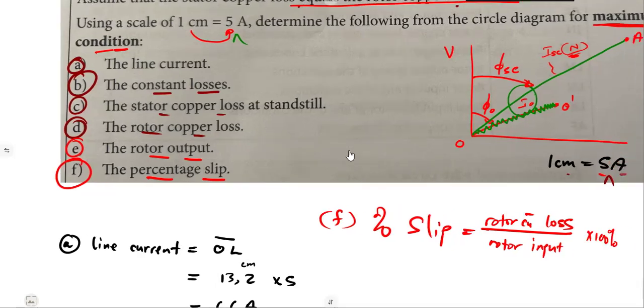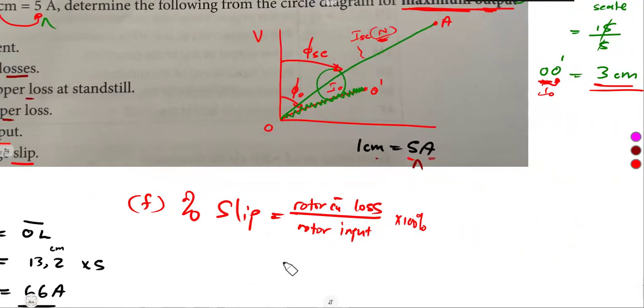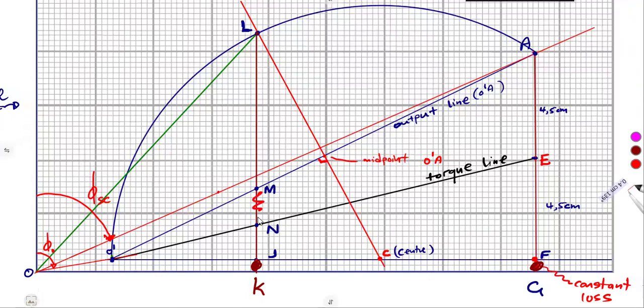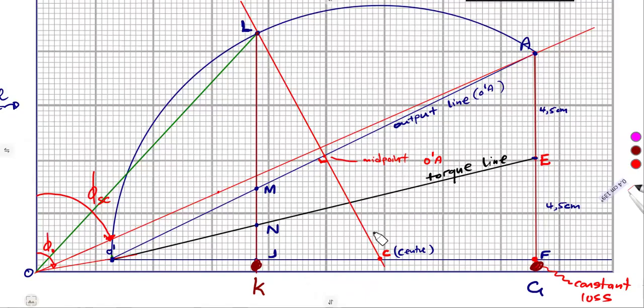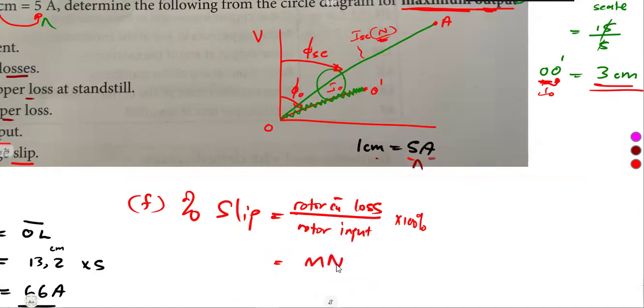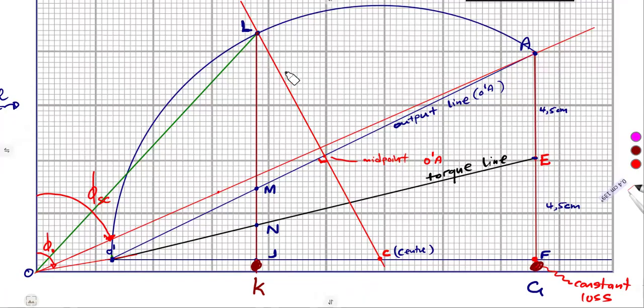Remember I discussed these. If you trace rotor copper loss on our diagram, that is MN. You can just take that length of MN as it is. So rotor copper loss is MN over the rotor input. The rotor input, you're combining everything from here to N. So that's LN.